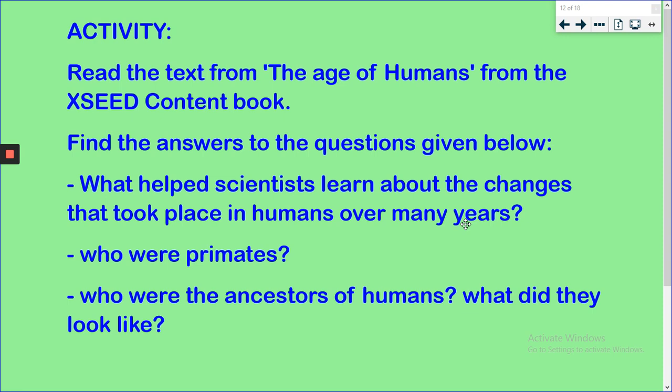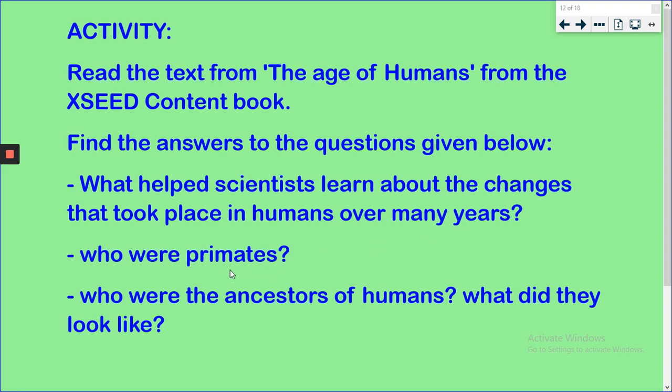Yes, that is what scientists use to learn the changes of the humans. Fossil means the remains of the bones, teeth of the human beings that lived long ago, isn't it? So they study from the fossils what took place during the early period.